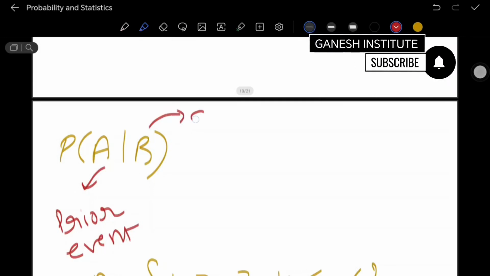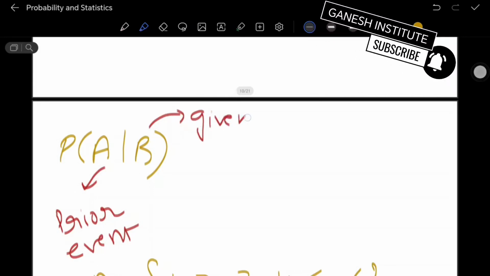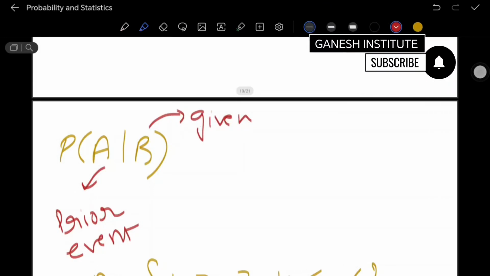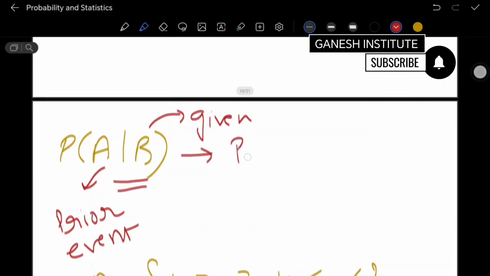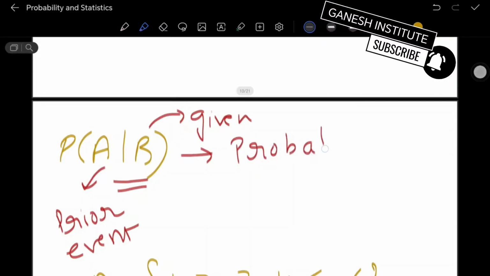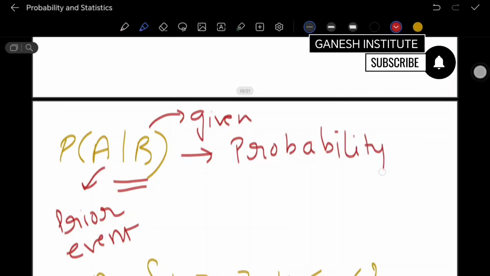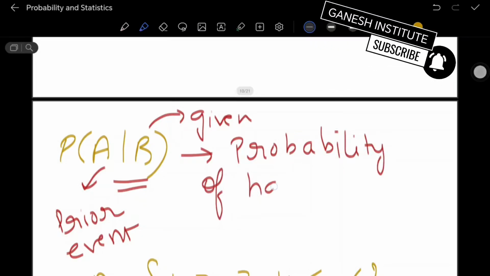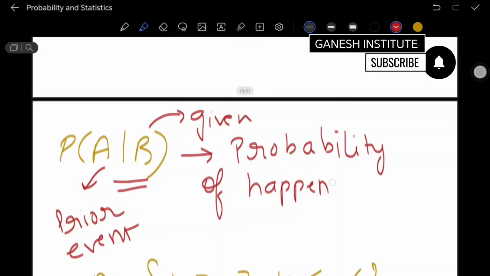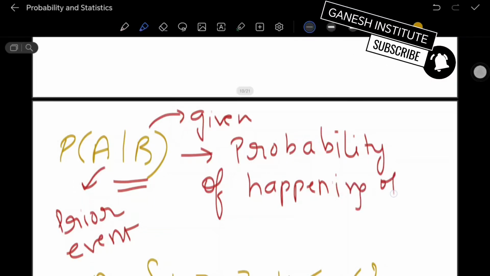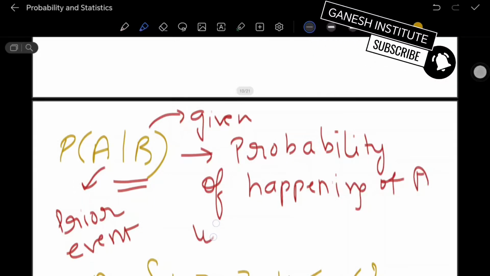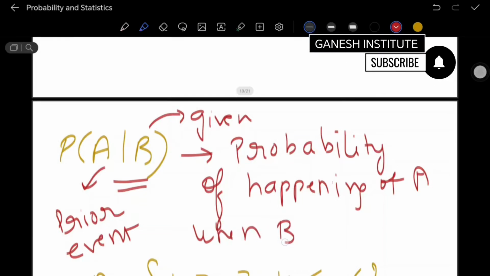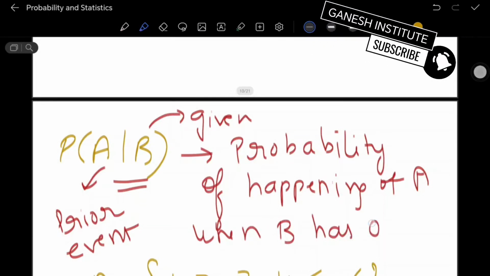And this is the conditional event or given event. You write it as P(A|B), wherein it is the probability of happening of an event A when B has already occurred. So the given condition is that B has already taken place.